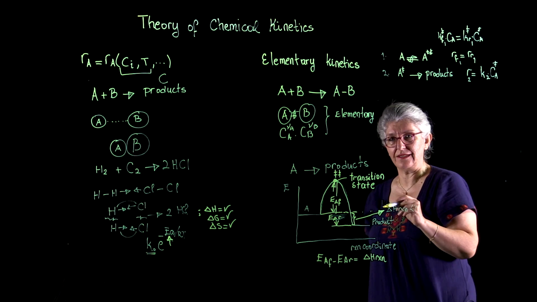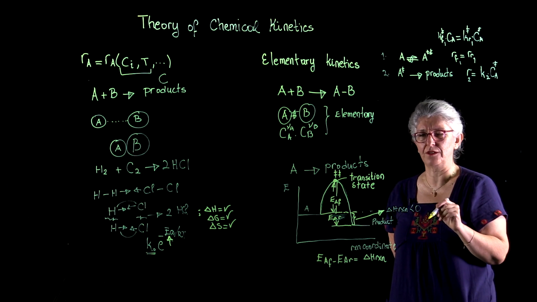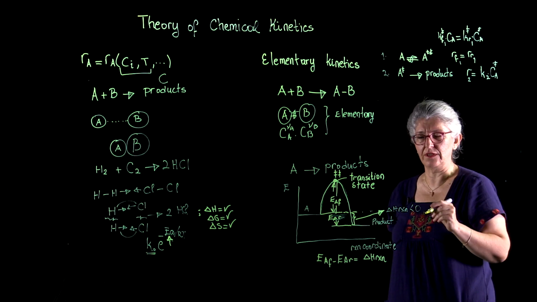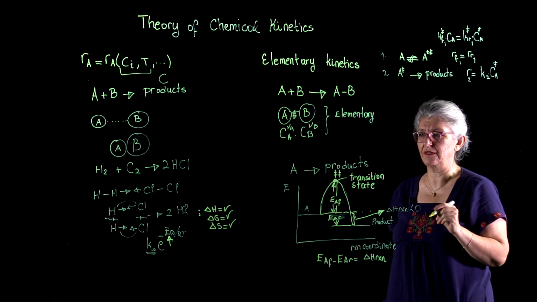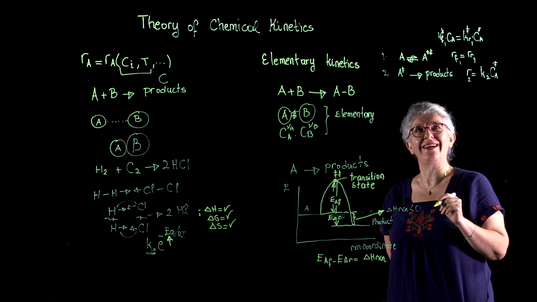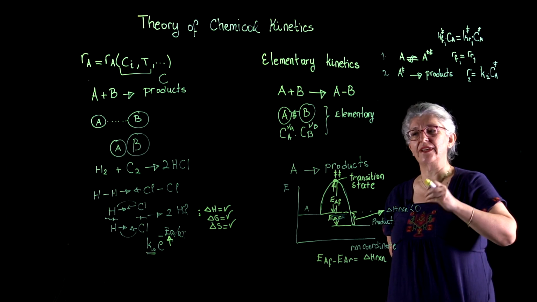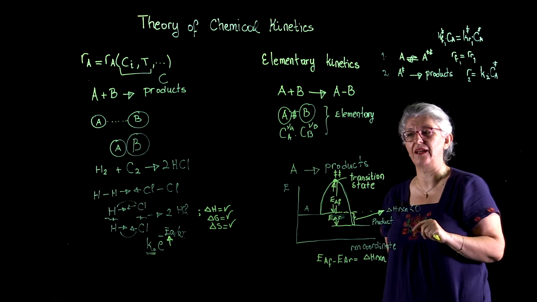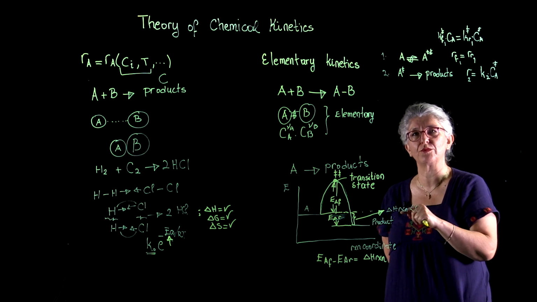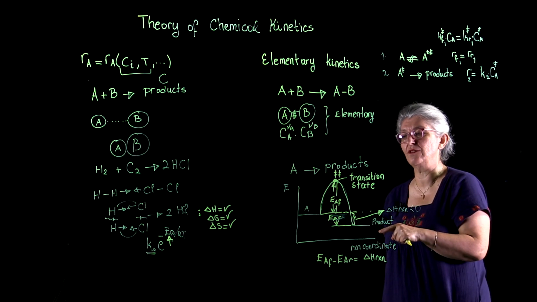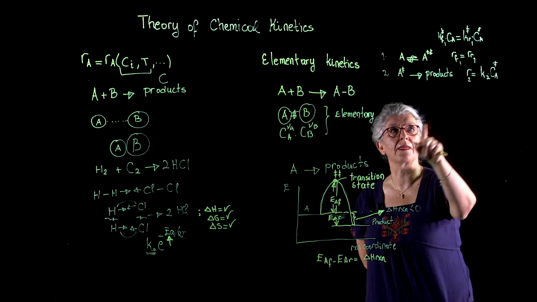Now CA dagger is elusive. It's very difficult to measure. It's equally difficult to calculate. Hence, we have to use our imagination to find a way to relate this concentration at the transition state to measurable quantities, such as the concentration of A in the beginning.